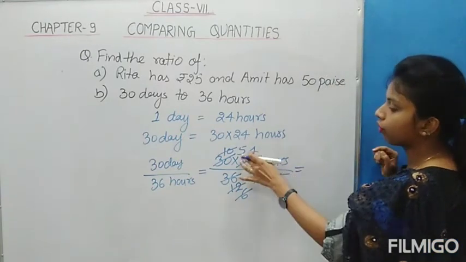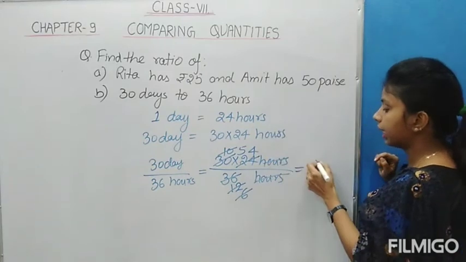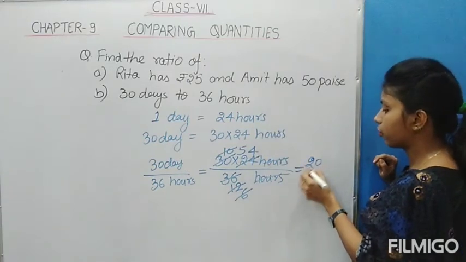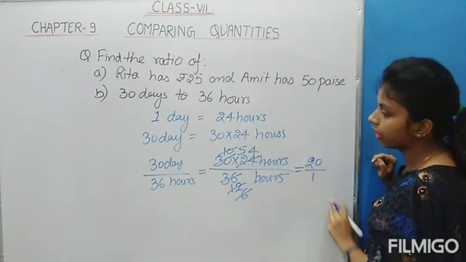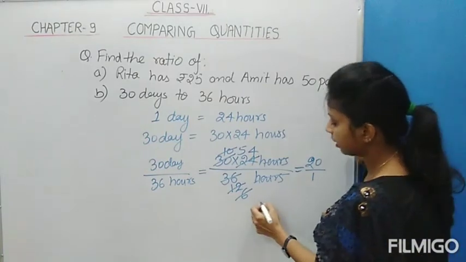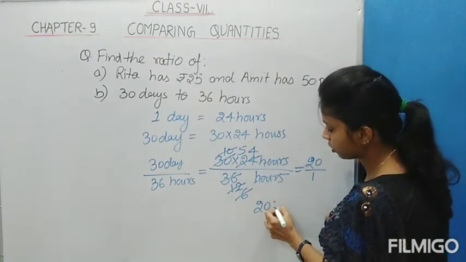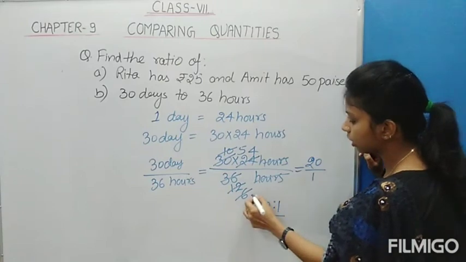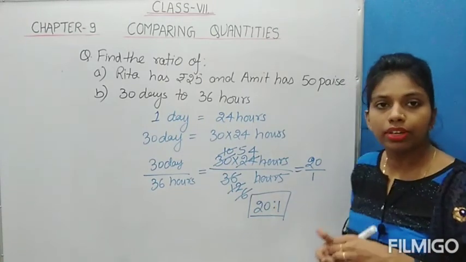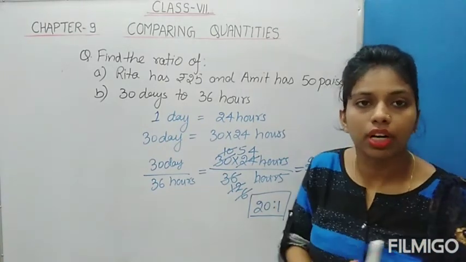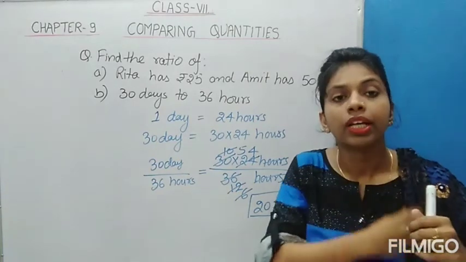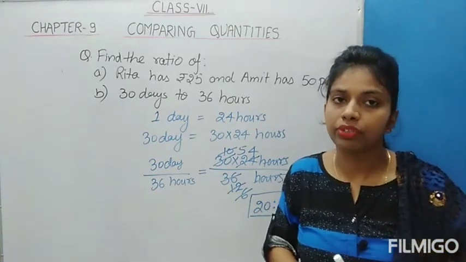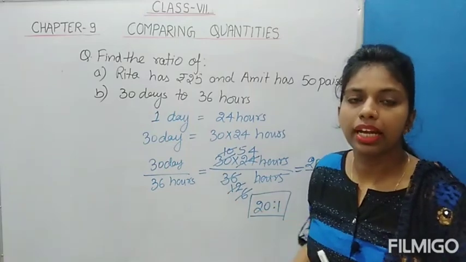Finally we get 5 into 4, which is 20, divided by 1. So the ratio between them is 20:1. This is how, whenever we have to find any ratio, first we have to make their units the same. After that we can divide them and get the ratio.